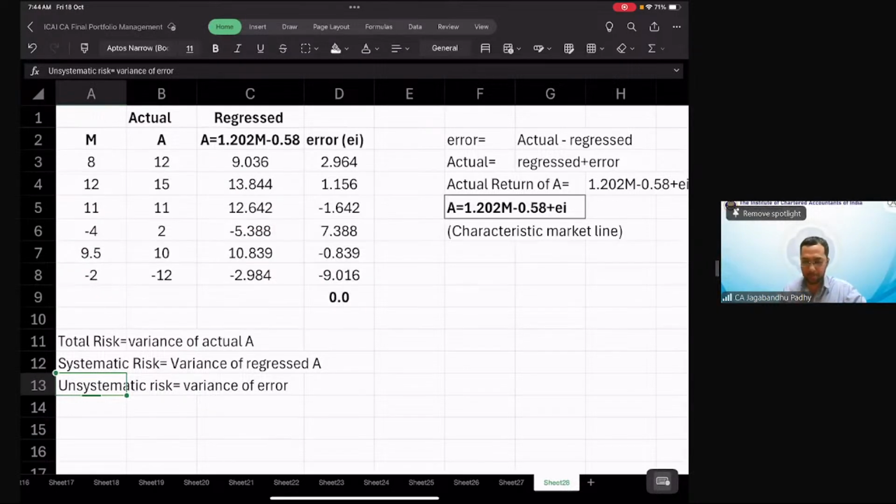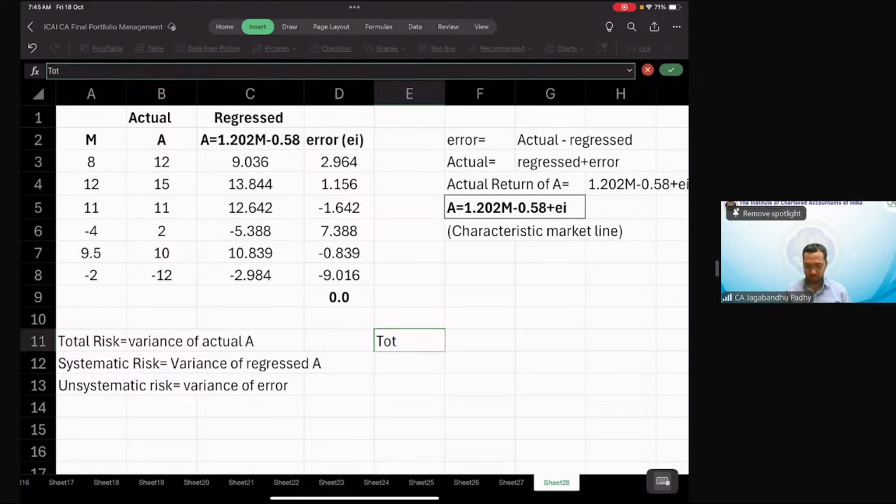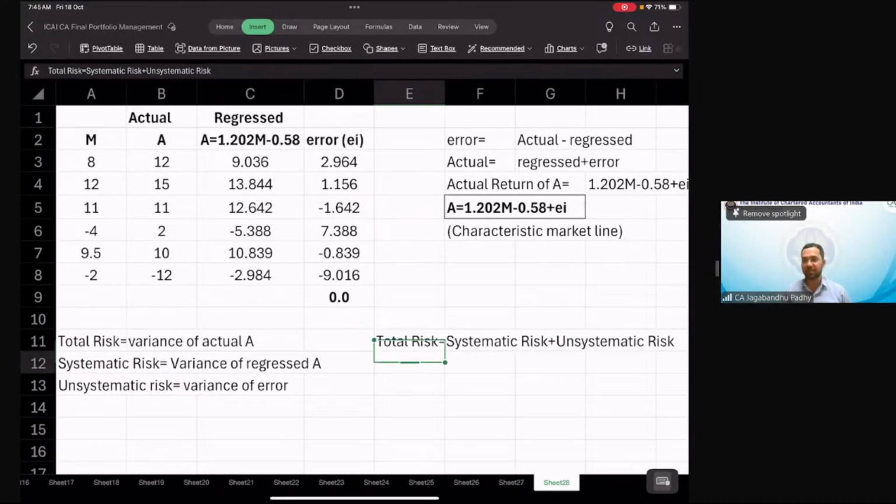So going by this simple fundamental, can I say that total risk is equal to systematic risk plus unsystematic risk?